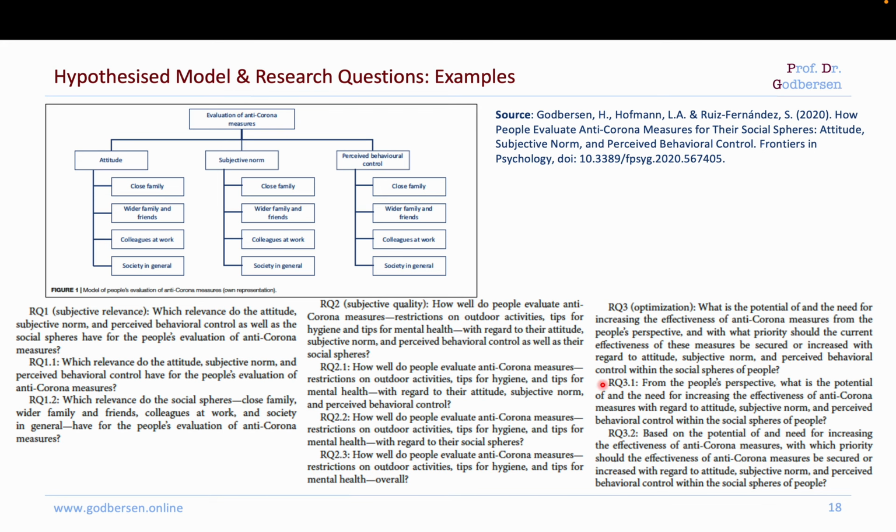Furthermore, with the method we applied here, you can deduce norm strategies. In other words, norm strategies are already given to you. And for the optimization of the anti-corona measures, we also have a central research question and two subordinated research questions, RQ31 and RQ32.